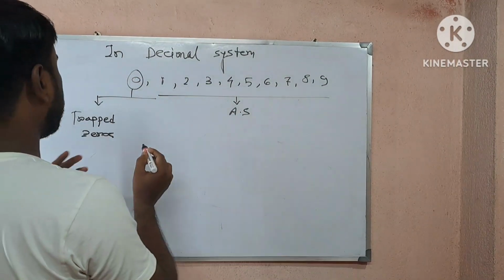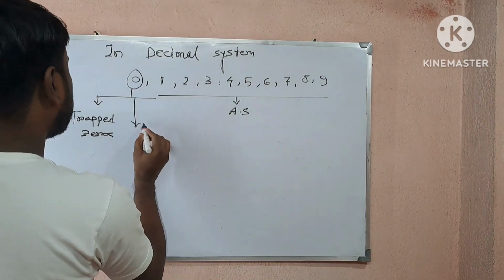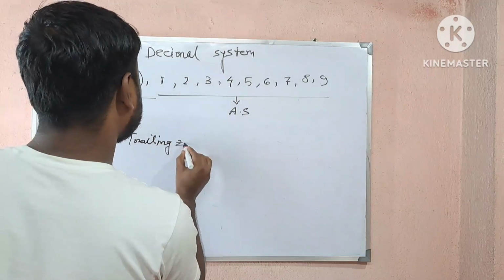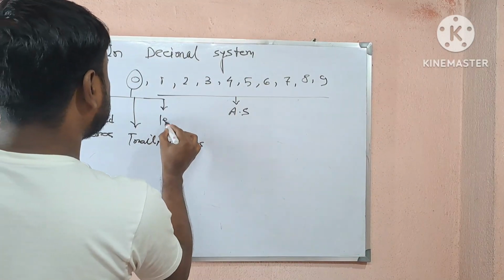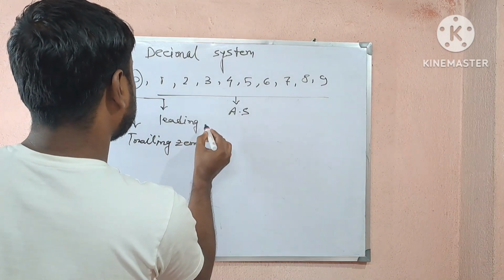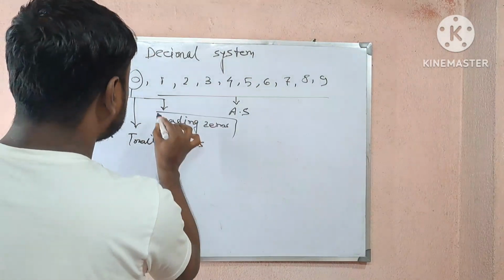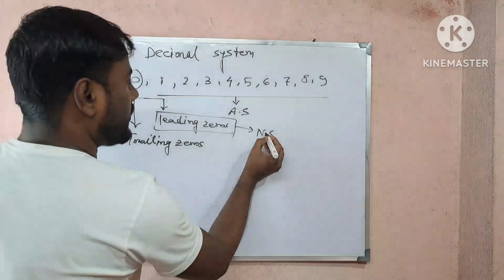Now for 0, there are three different types of 0. One type is called trapped zeros, another is called trailing zeros. Trailing zeros are basically ending zeros, and the last one is called leading zeros. You have to remember that leading zeros are never significant.